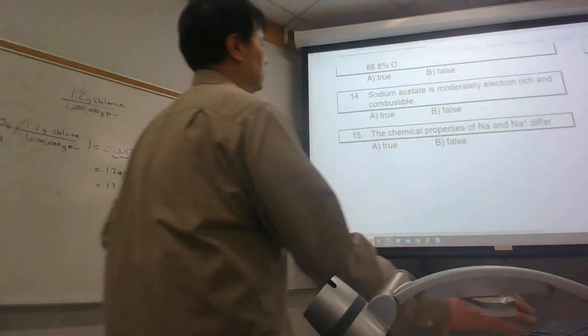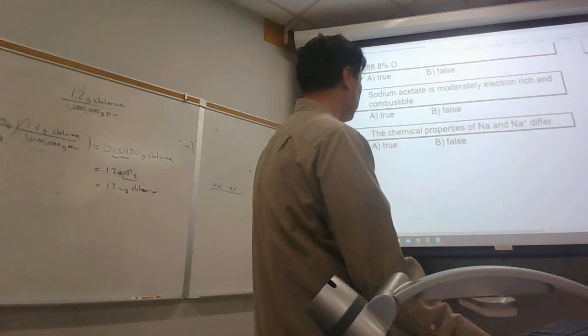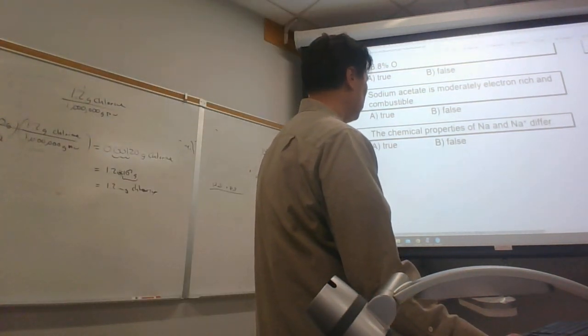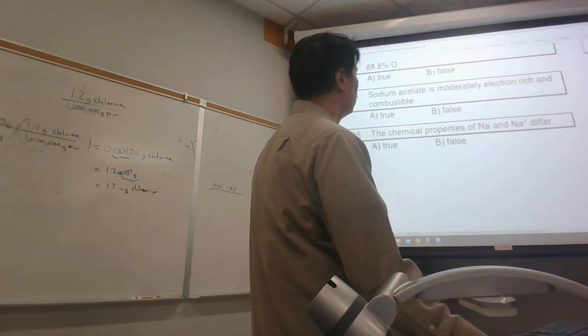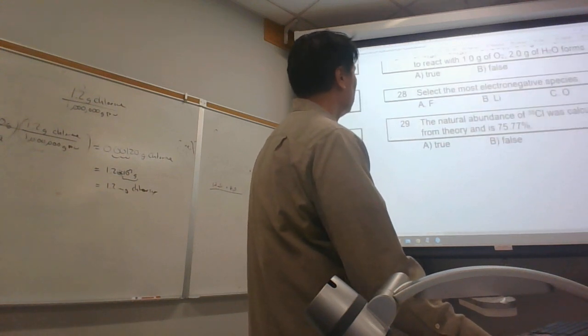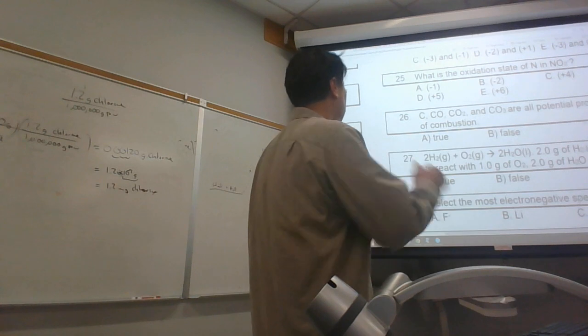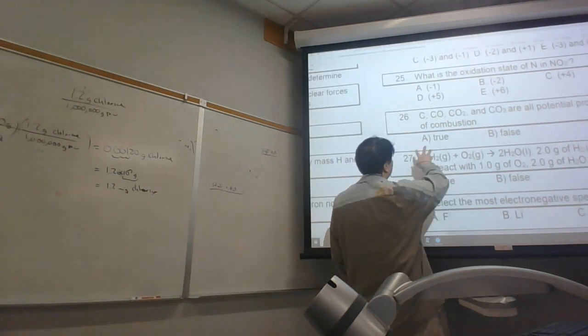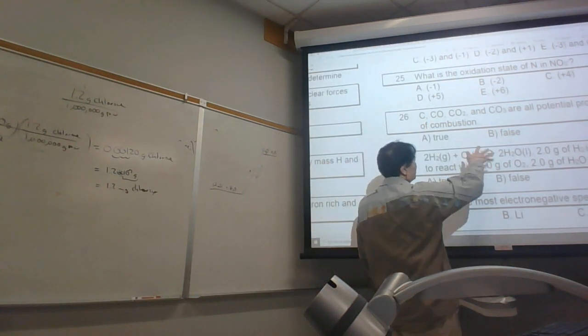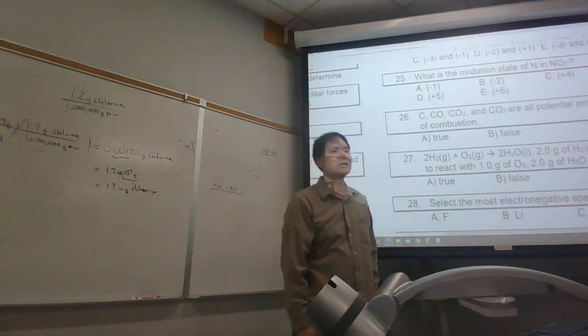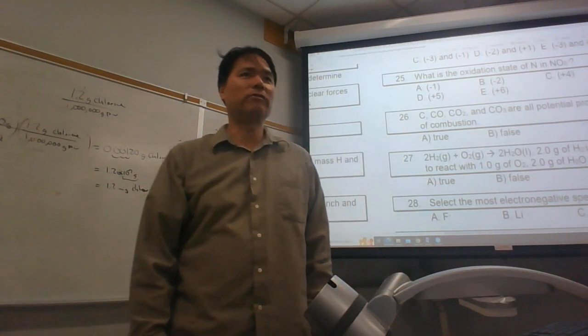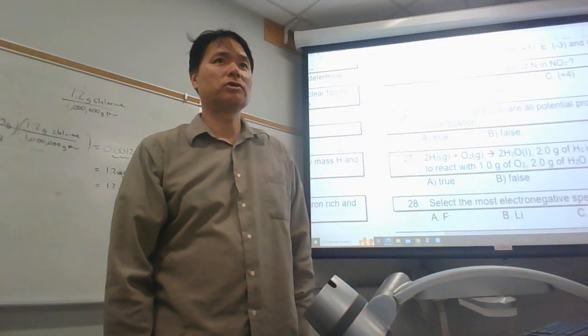Products of combustion, I think we went over that. Number 26. CO, CO2, and CO3 are potential products of combustion. You wrote false or true?